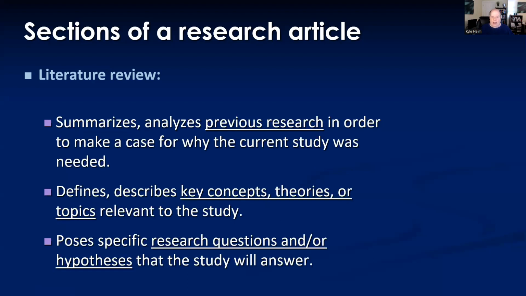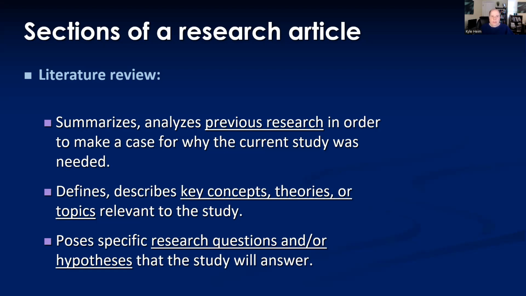So it will summarize and analyze previous research in order to make a case for why the current study was needed. So in my literature review, I summarized a whole bunch of previous studies that other researchers had done looking into how journalists use Twitter and social media.